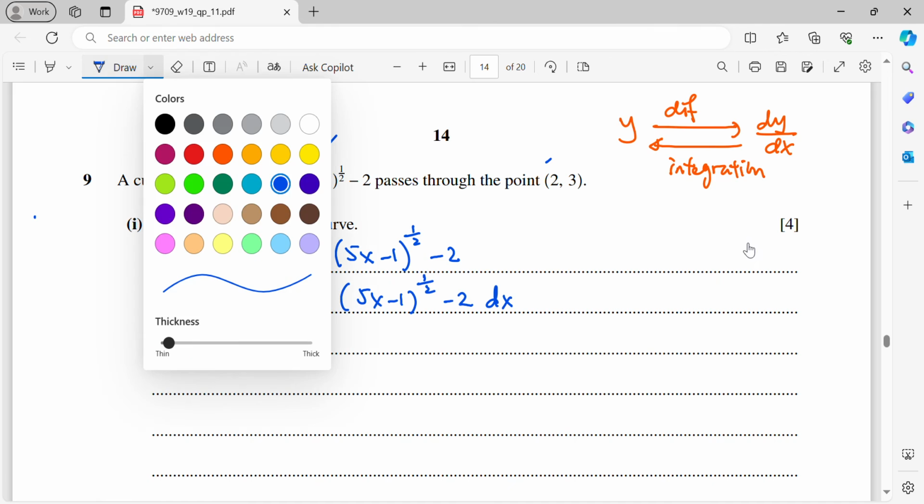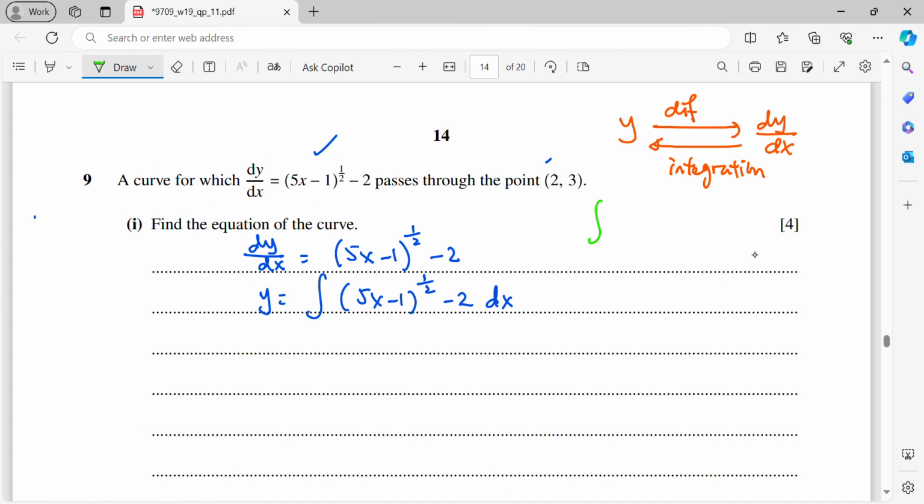So for the integration, we have a formula over here. Integrate ax plus b to the power of n dx. The answer or formula is ax plus b to the power of n plus 1 over the new degree, and differential ax plus b is a, followed by plus c. Okay, provided your n is not minus 1.